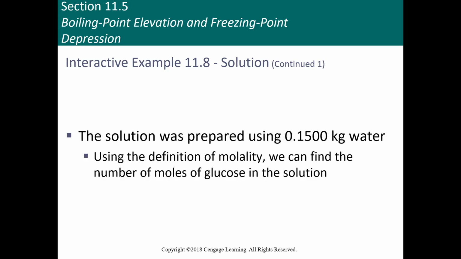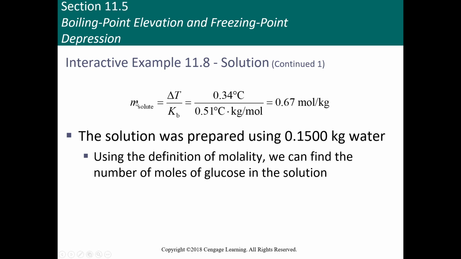The solution was again prepared using 0.1500 kilograms of water. I got this from the grams. Again, you just divide by 1,000. Hopefully you know these by now. If you don't, you really need to do some reviewing. Very, very, very badly. So using the definition of molality, we can find the number of moles of glucose in the solution. So we're first going to get that molality. And right here we solve for the molality from that boiling point elevation equation we looked at before.